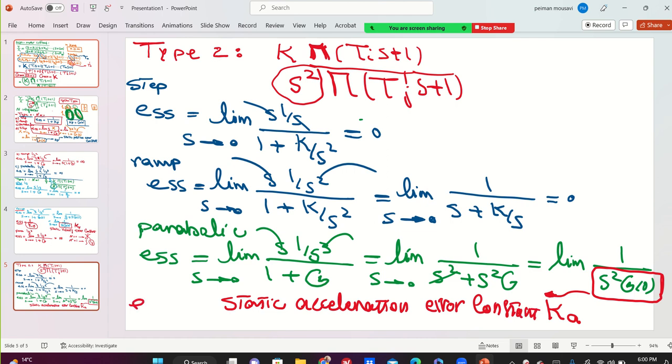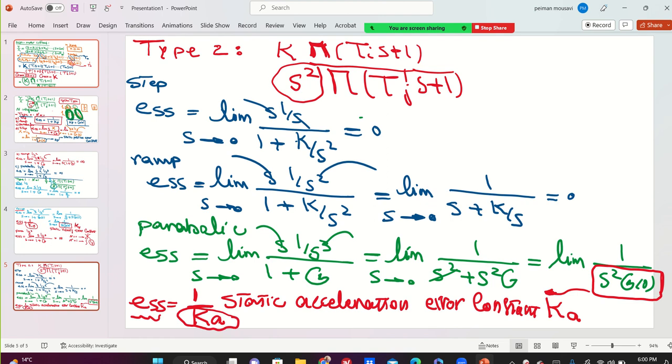So for the parabolic input, for the system type 2, it is Ka. If you want to make this 0, do control engineering and select this, or make this Ka big. Understood?